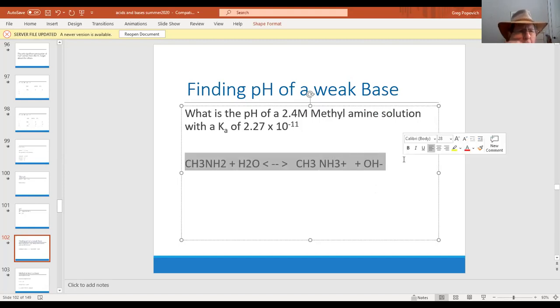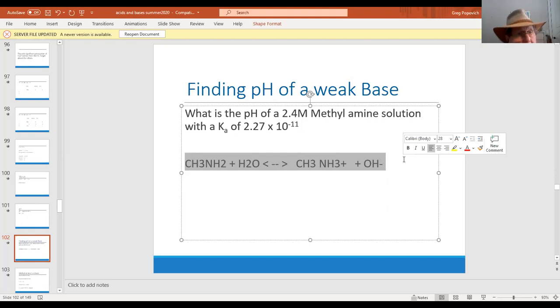Is there any acid there? Parker, would you be able to see any H3O? Kas need an H3O. Is there an H3O generated in this equation? No, so I can't use a Ka.